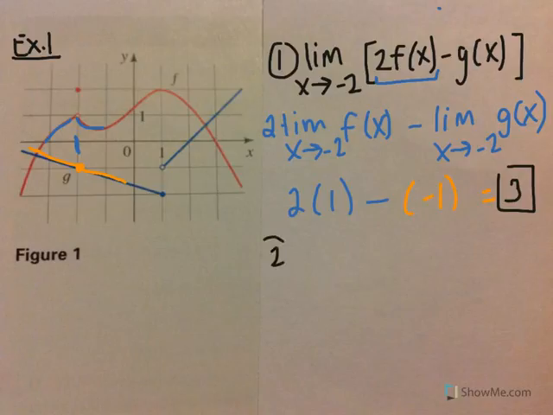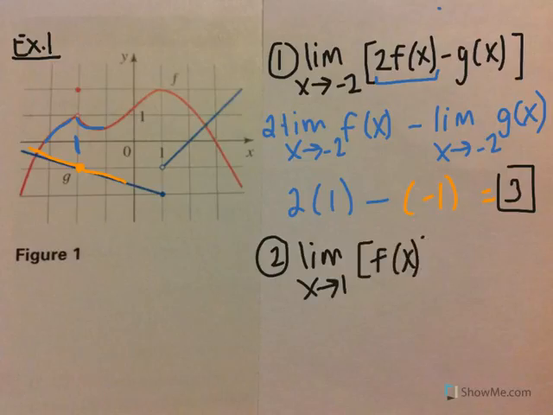Alright, the second example that I have is the limit as x approaches 1 of f of x squared. So we can go ahead and find the limit as x approaches 1.